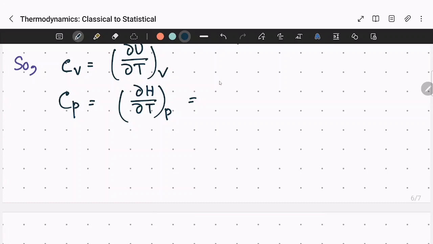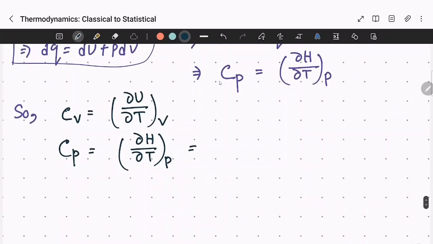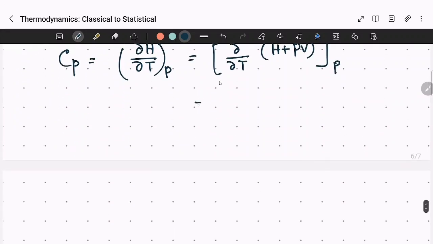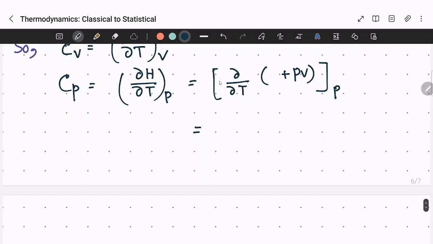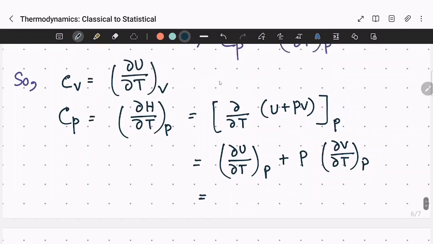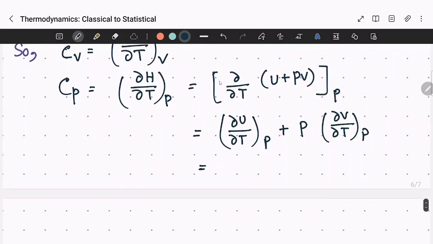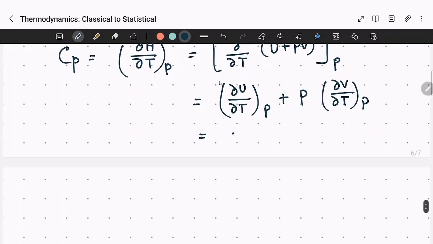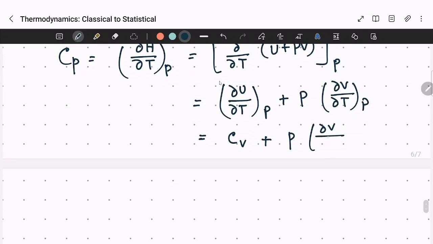What is H? H is U plus PV. H is U plus PV. So if you put it, then, sorry, it is (∂U/∂T) at constant P plus P into (∂V/∂T) at constant P. So the first part, (∂U/∂T) at constant P, this is actually equal to Cv, and this is P into (∂U/∂...).